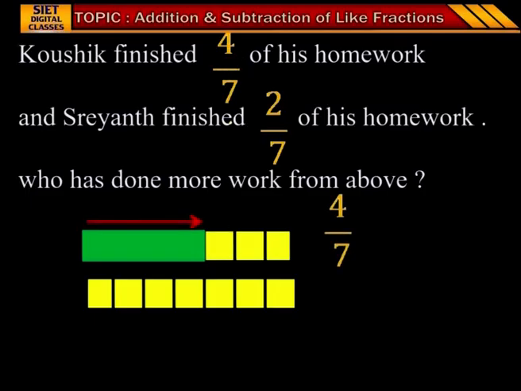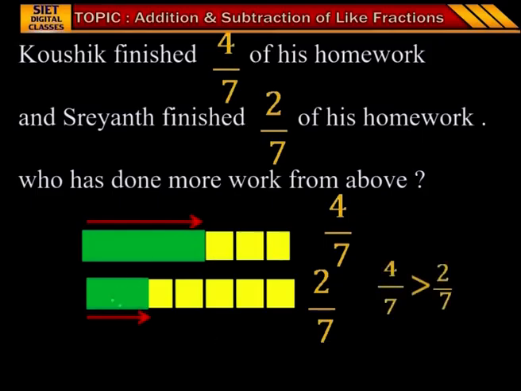So this is 1, 2, 3, 4, shaded with green color, that represents 4 by 7. And Shreyanth finished 2 by 7 of his homework. So 1, 2 is the shaded part with green color, that is 2 by 7. And which is bigger of these two?